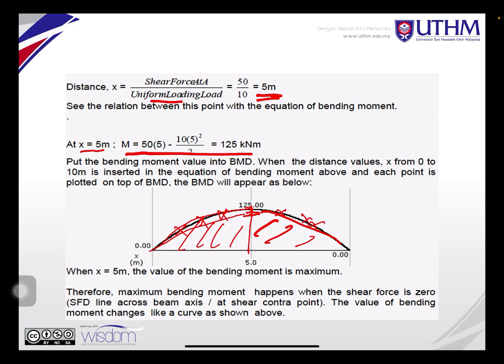Therefore the maximum bending moment happens where the shear force is 0, at the central point, and the bending moment is 125 kilonewton meter, in a curved shape. For the uniform distributed load, the bending moment is curved and the shear force diagram is a triangular shape.